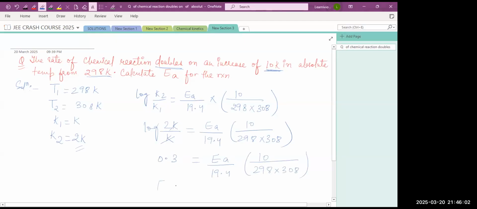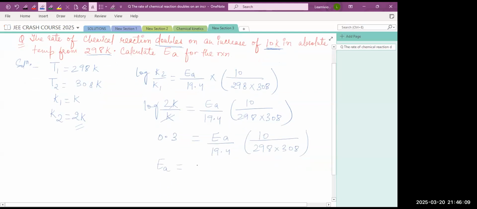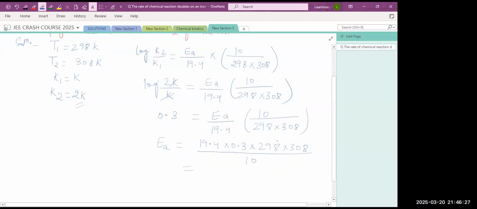Now you have to calculate the value for the activation energy, right? So Ea will be equal to 19.14 into 0.3 into 298 into 308 over 10. Now calculate it and tell me the answer. You can use the calculator also.